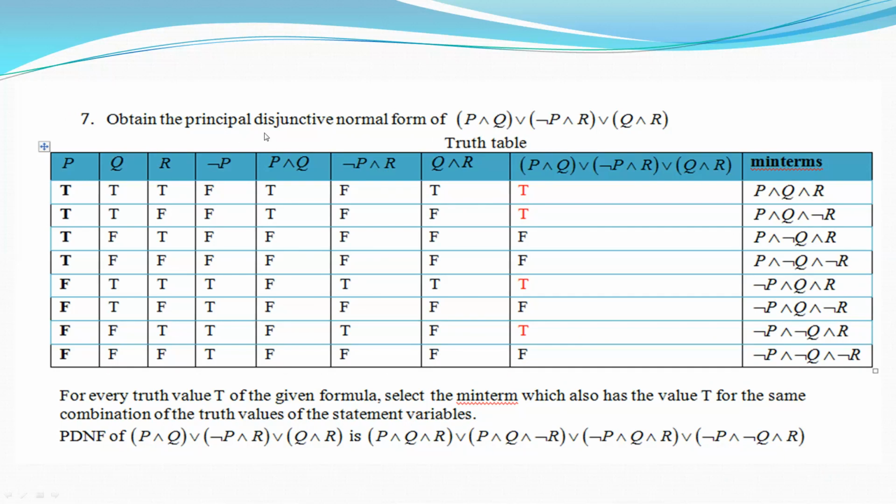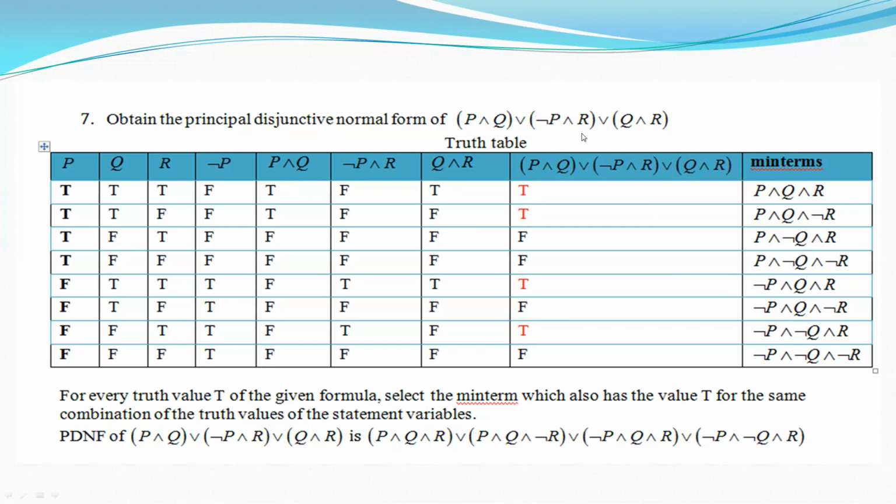Obtain the principal disjunctive normal form of P and Q, or negation P and R, or Q and R. So here we have two methods. One is the truth table method, the other one is the algebraic method. So here we are giving the solution by truth table.